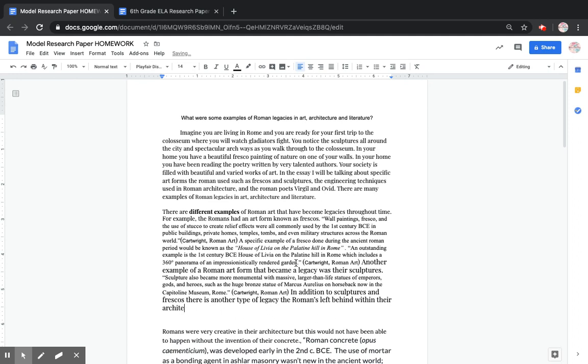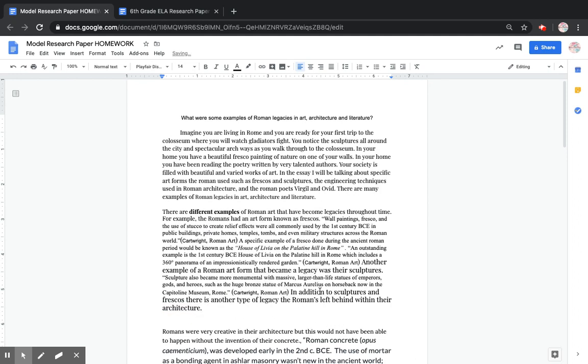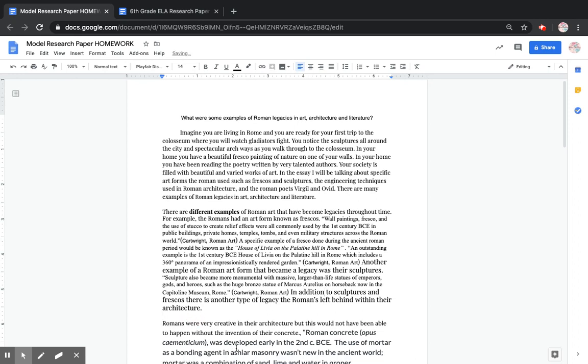So not only does it summarize what I just did, I put, in addition to sculptures and frescoes, there's another type of legacy the Romans left behind within their architecture. And then you go into your next sentence that says Romans were very creative in their architecture. So it kind of flows together.